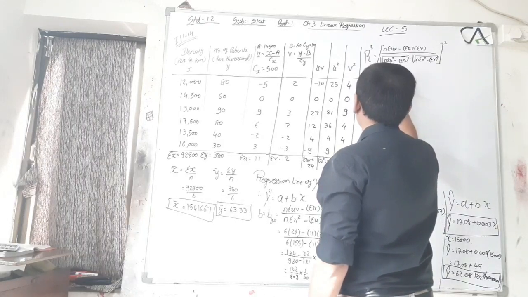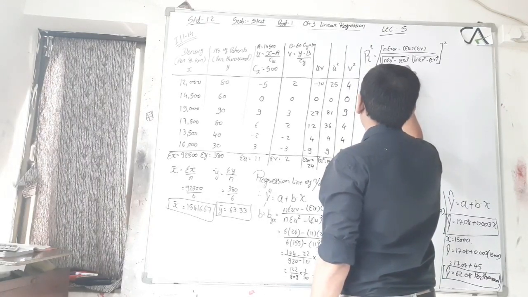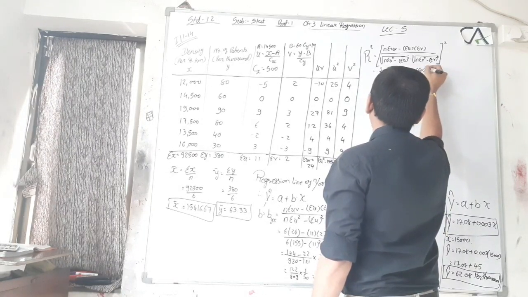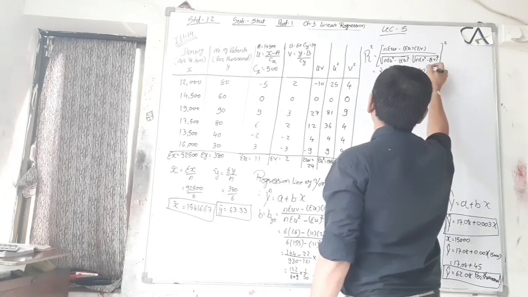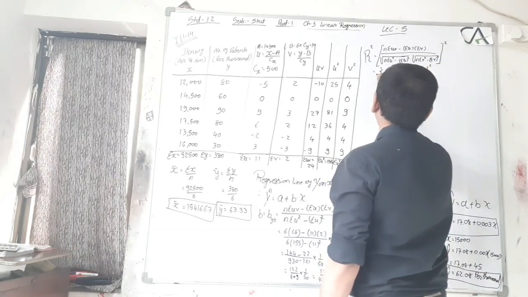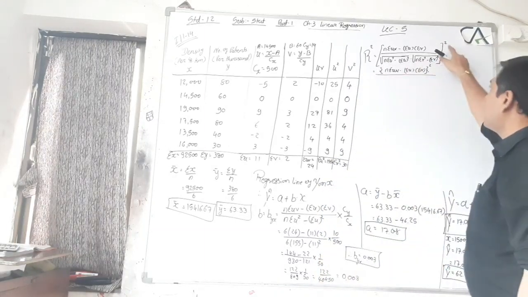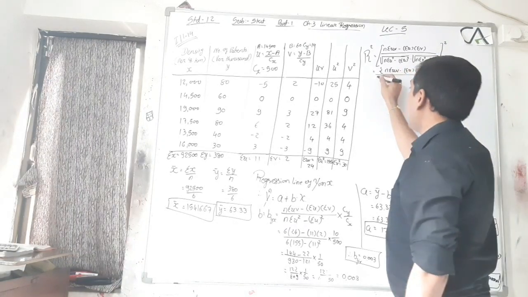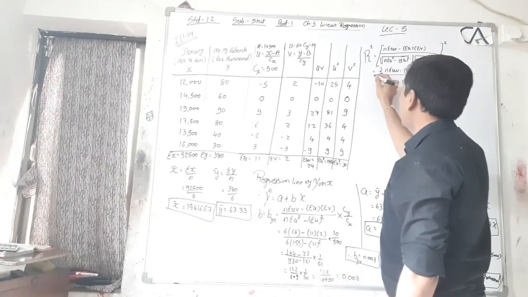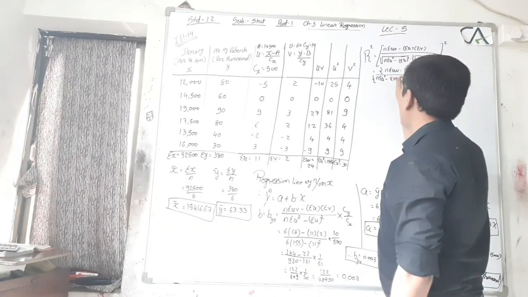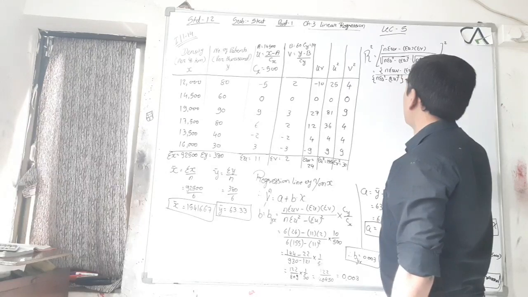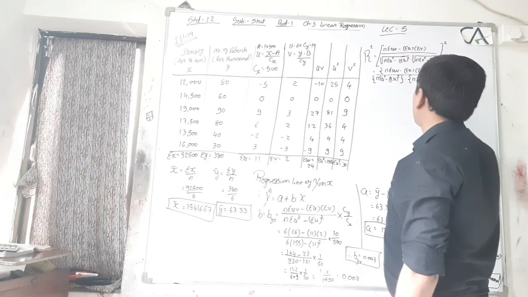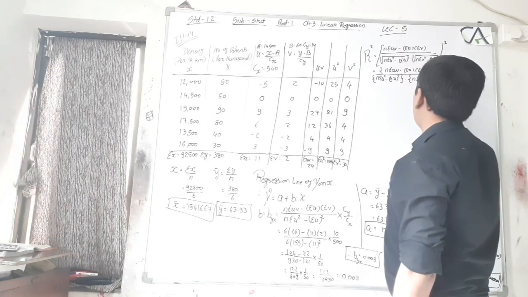That means into bracket n sigma uv minus sigma u sigma v, all square, upon, here the square root and square we can cancel, so n into sigma u square minus sigma u whole square, n into sigma v square minus sigma v whole square.